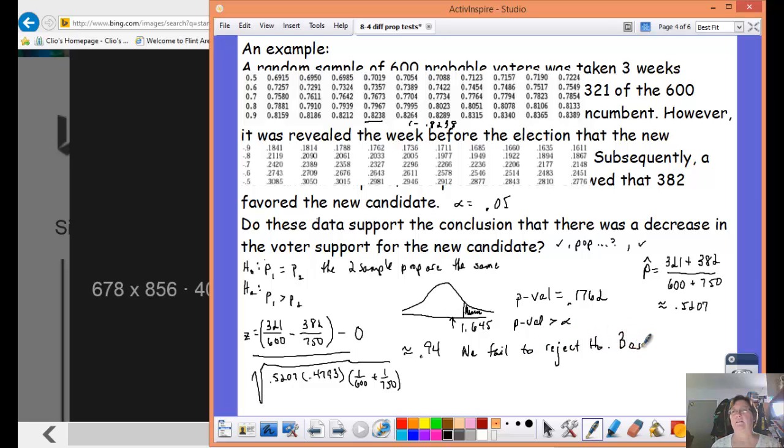Based on our samples, the proportion of voters favoring this candidate did not change.